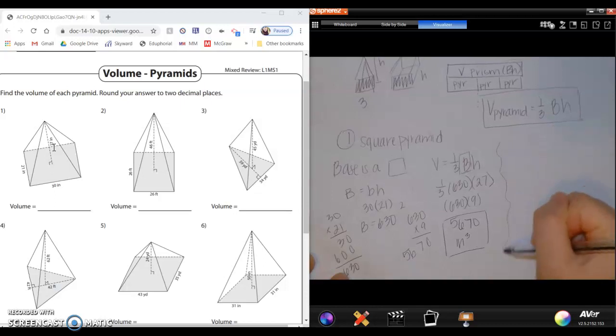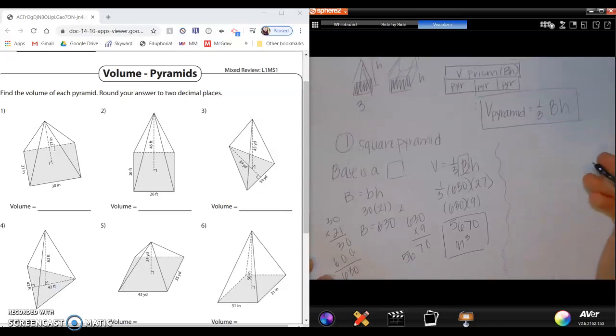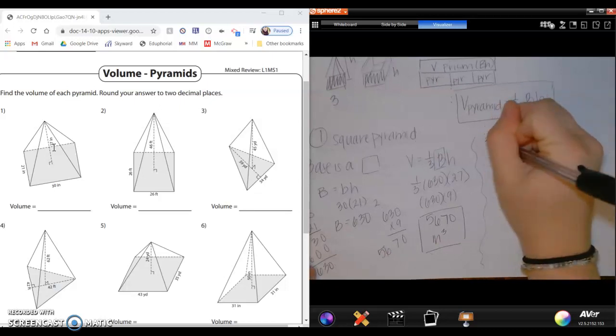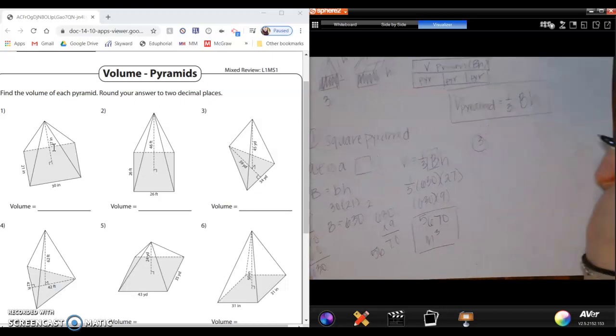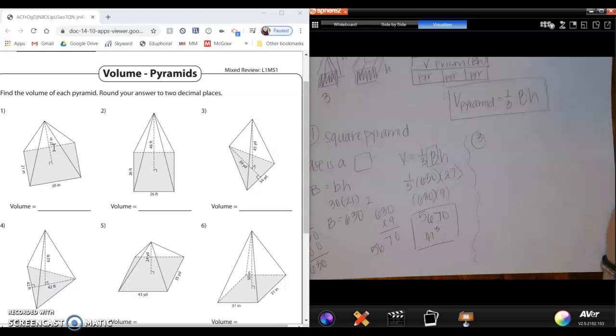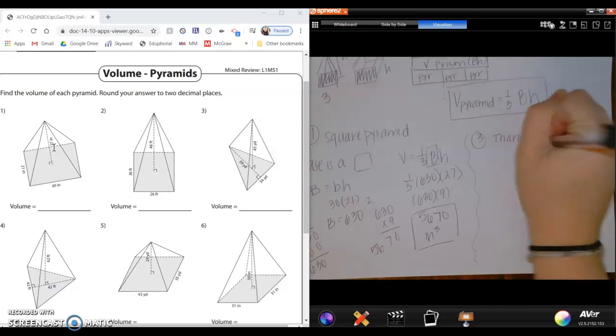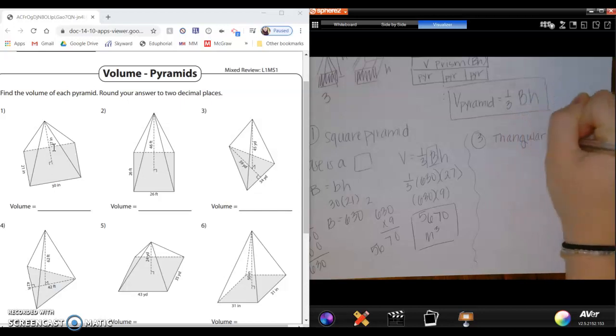Then we're going to look at number 3. Number 3 is a triangular pyramid. Again, these 2 words tell me a lot of valuable information.